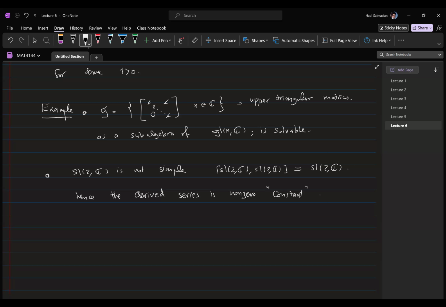Now, yet another class, with a stricter condition than being solvable, is the class of nilpotent algebras. So let's talk a little bit about that.